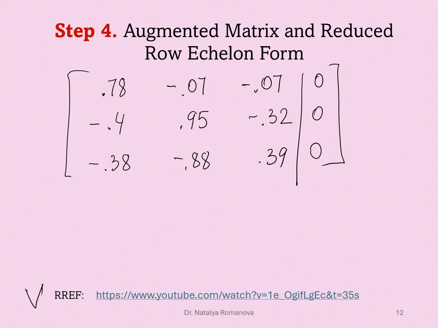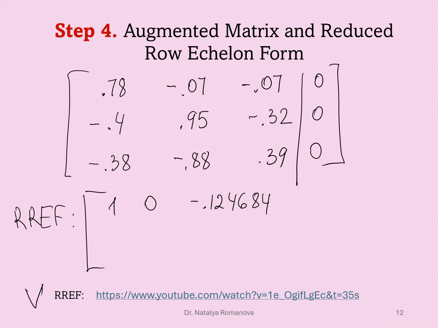So my reduced row echelon form has matrix 1, 0, negative 0.124684.